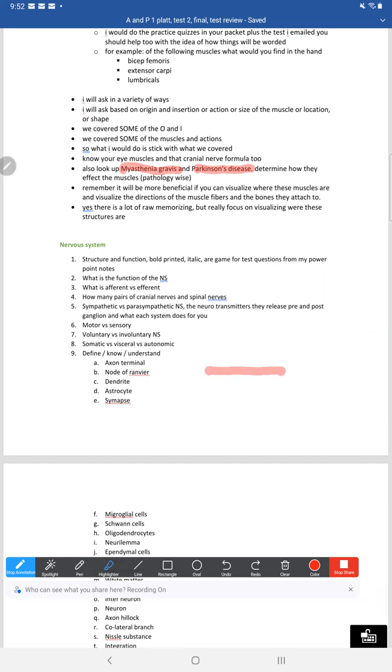So here's the nerve. And here's the tissue. And normally you have a neurotransmitter that goes across. Well, there's a block there that prevents the neurotransmitters from communicating to the tissue. So that's myasthenia gravis.